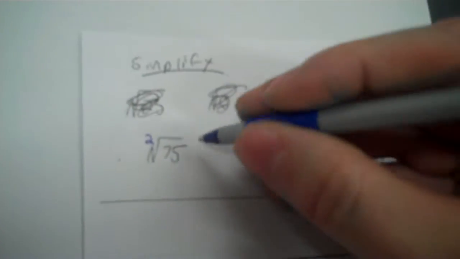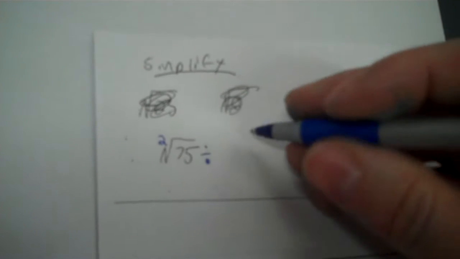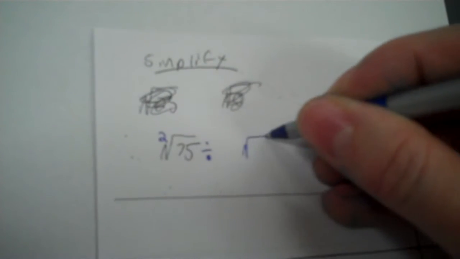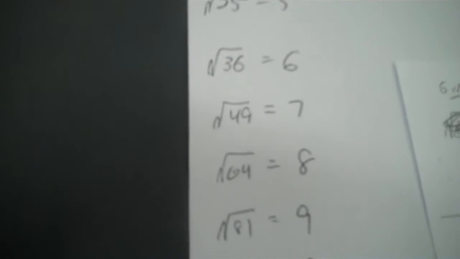Now, again, I got an irrational number, so what I want you to do is put a division sign next to your 75, and you're going to make 2 separate square roots, 2 and 2. Those are little 2s there. So I say, going down this line of numbers, what's the first number that's smaller than 75? It'd be 64. So I punch 75 into my calculator, divided by 64.